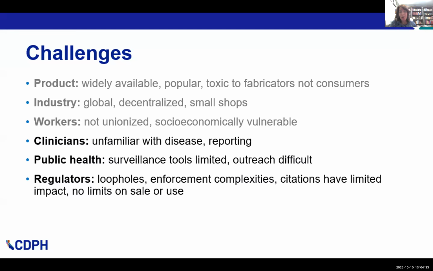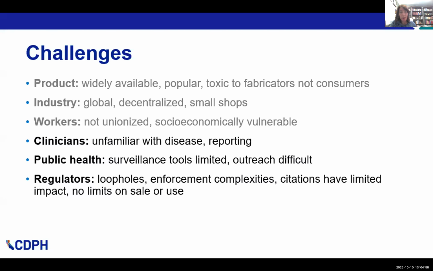And on the public health side, our surveillance tools are limited. We don't have the resources to go out and just start screening people as they have done in Australia. So we're really relying on existing data, and there can be long delays between the time that someone's hospitalized and we hear about it. And then also it's challenging to reach this population.